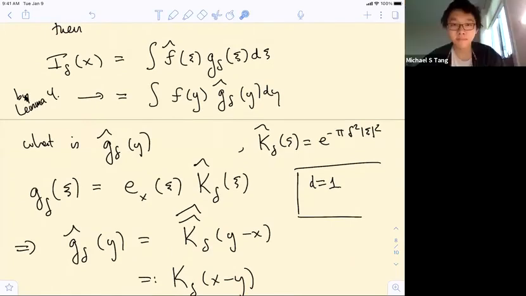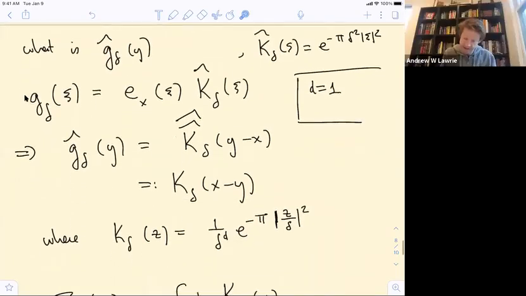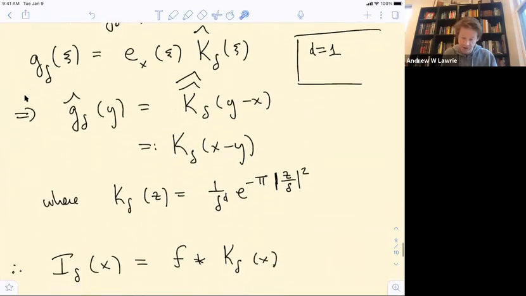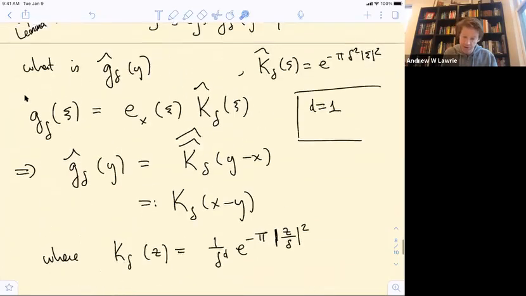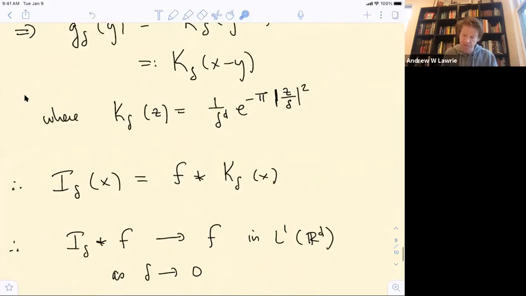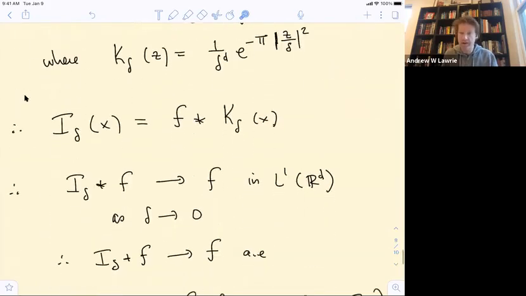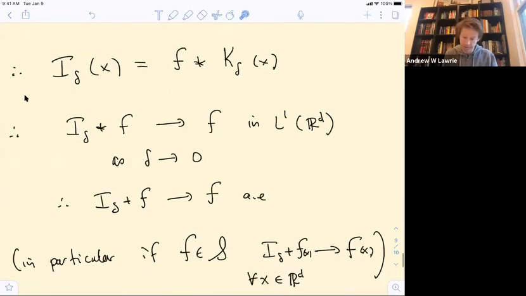I did this pretty awkwardly, since I introduced this K because I wanted to call to mind an approximate identity, or convolution with a kernel, etc. But that's all we did. We computed G delta hat. We saw that it was equal to an approximate identity, and then we concluded.